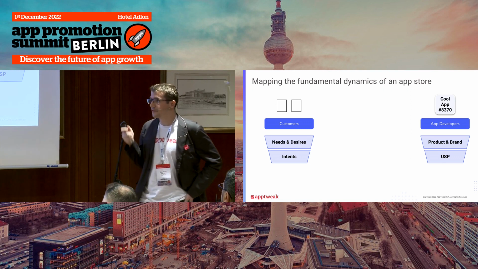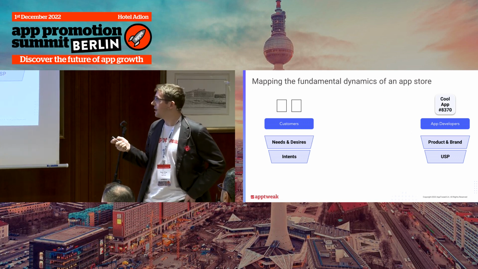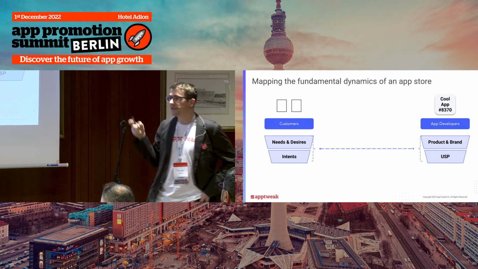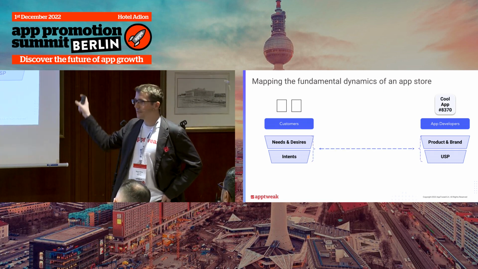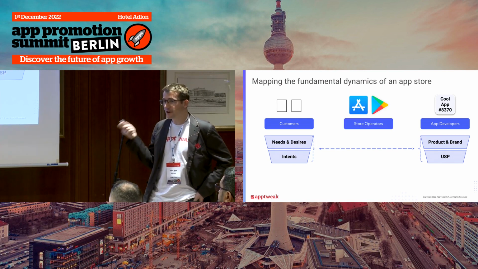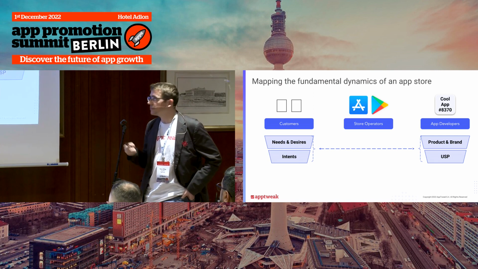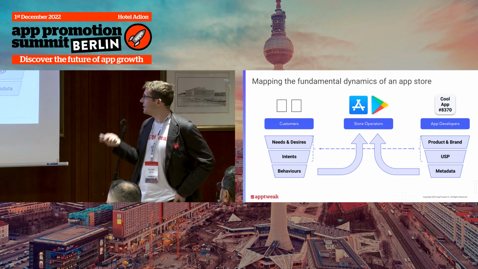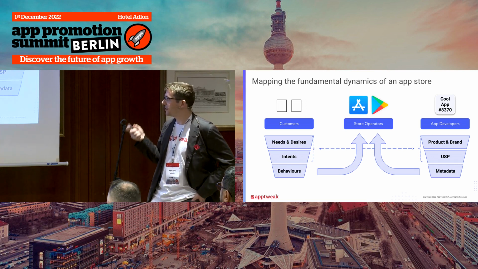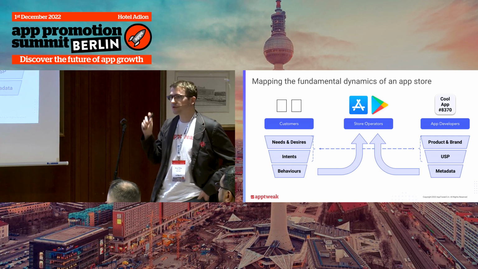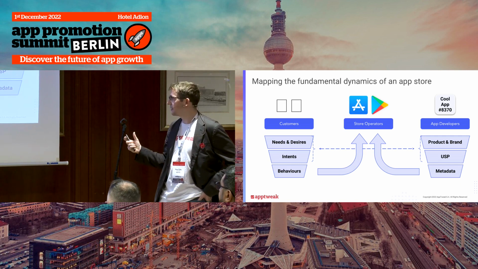So in the context of the store, our challenge is that there is this ideal situation where we just want to have the match directly from product to app. But we have these marketplaces. They're definitely middlemen in the funnel, and they create rules, which are that you need to turn your USP, your product and your brand, into metadata.